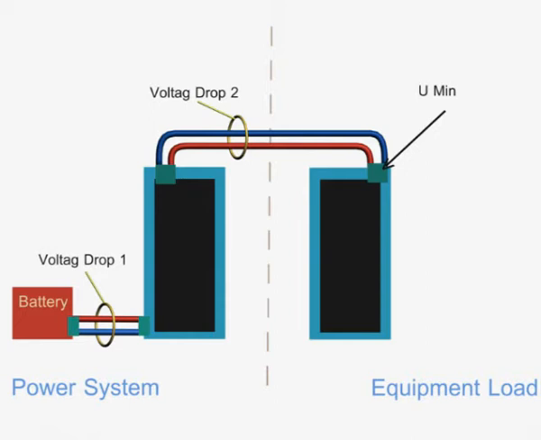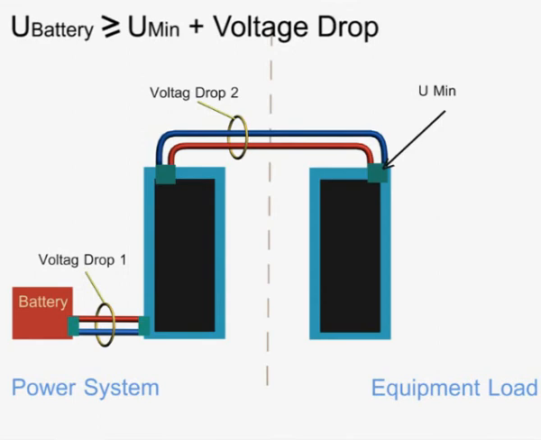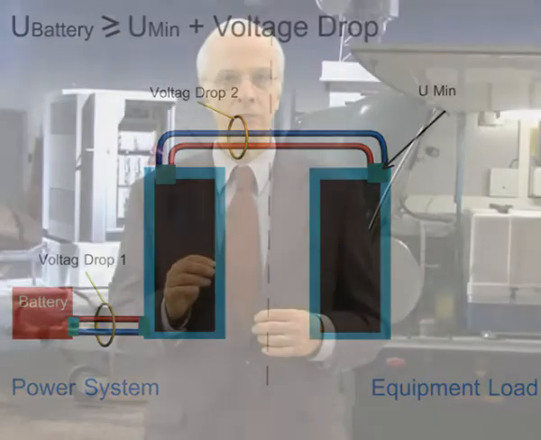But with a thicker power cable, both the cable resistance and the voltage drop would be lower. In order to feed the telecom load with the minimum voltage U minimum, the battery should at least generate U minimum plus voltage drop. So once again, the site engineering and correct material lists are very important in order to do a proper power installation.